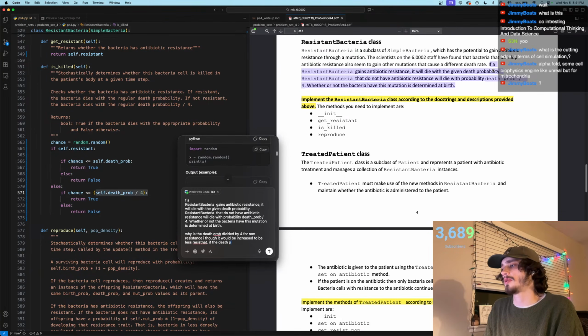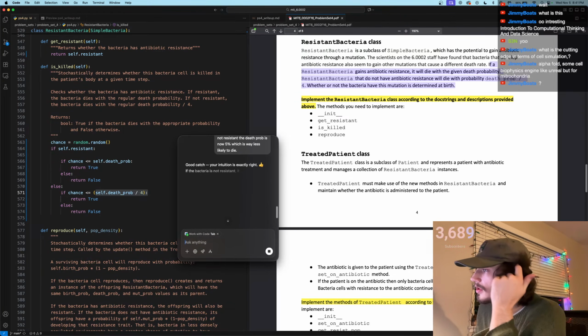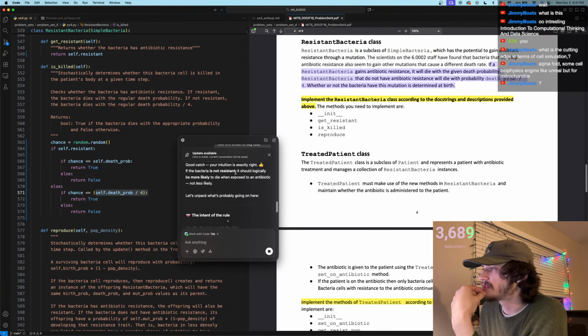If the death prob is 20% and it is not resistant, the death prob is now 5%, which is way less likely to die. If bacteria is not resistant, you should logically be more likely to die when exposed to antibiotic, not less likely.